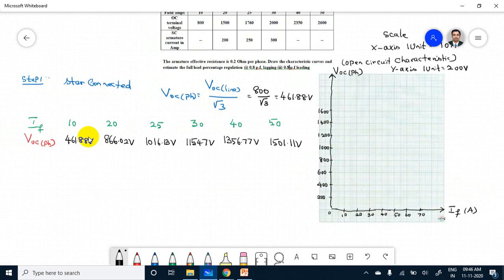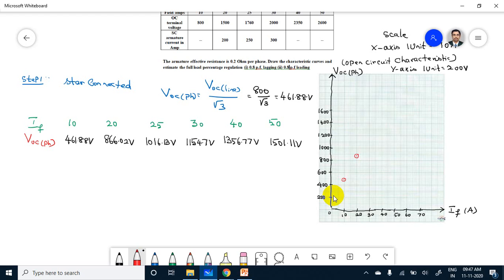Okay, now we will plot one by one. IF 10. For 10, we have to plot 461.88. So where do I plot it? 461 means it is above 400, right? Here. This is my first reading. Then for 20, 866 means here.